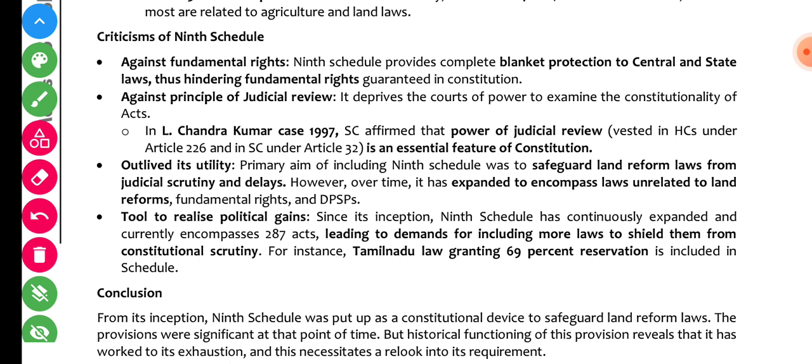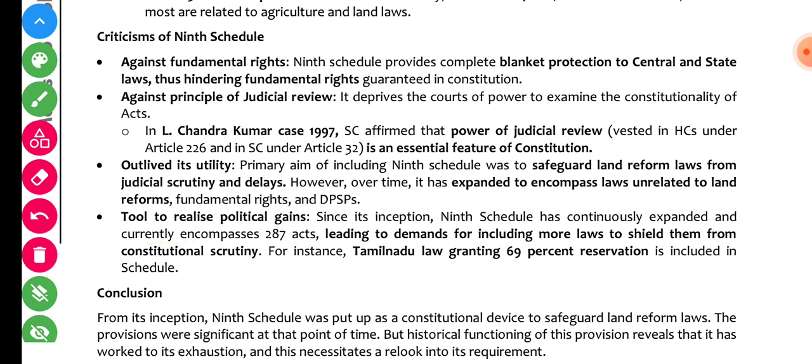The primary aim of including the Ninth Schedule was to safeguard land reform laws from judicial scrutiny and delays. However, over time it has expanded to encompass laws unrelated to land reforms, fundamental rights, and directive principles of state policy. The Ninth Schedule is a tool to realize political gains.